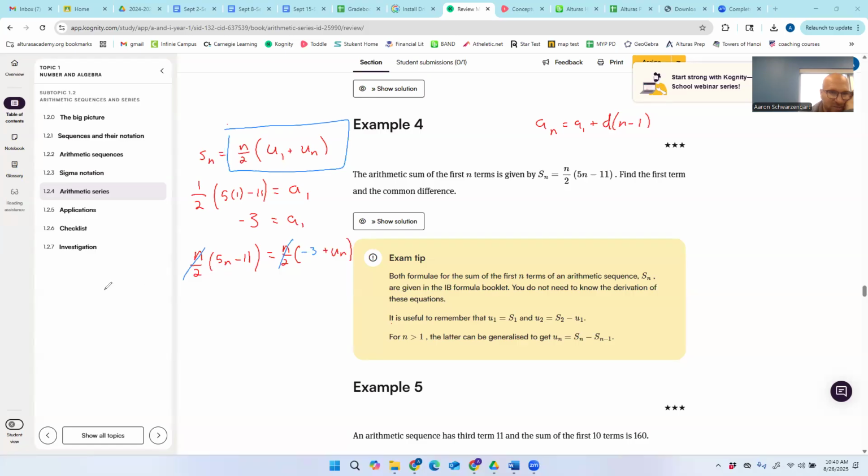Those will cancel. So 5n minus 11 equals -3. U sub n. I guess I'm still using the A that I've used in the past. They use U in Cognity.